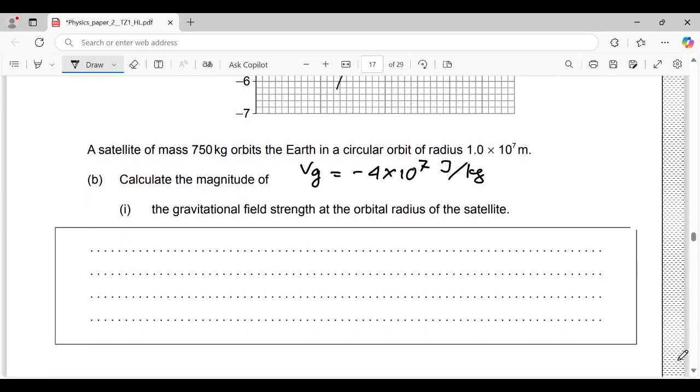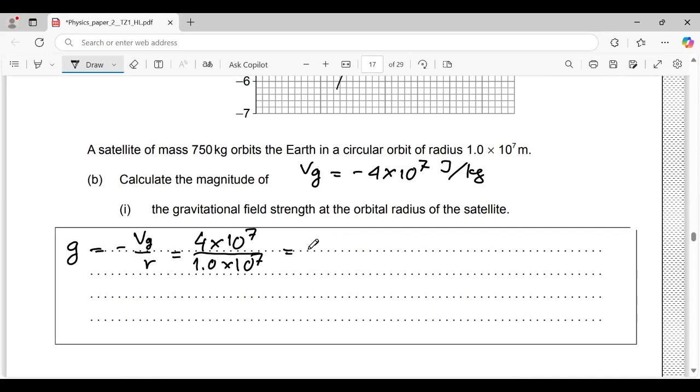Next, it means the gravitational field strength g equals minus Vg over r. And it is minus of minus 4, which means positive 4 times 10 to the power 7, over 1.0 times 10 to the power 7.